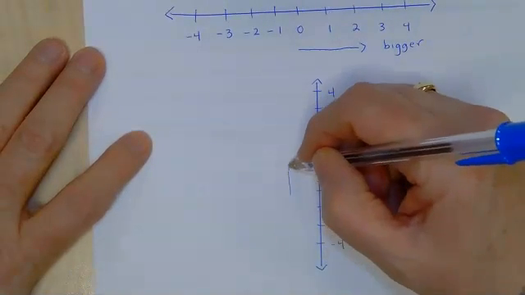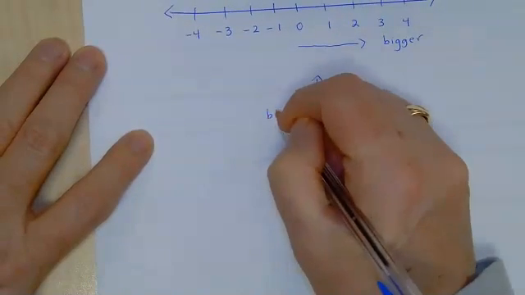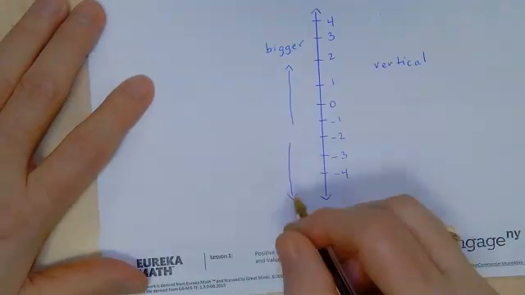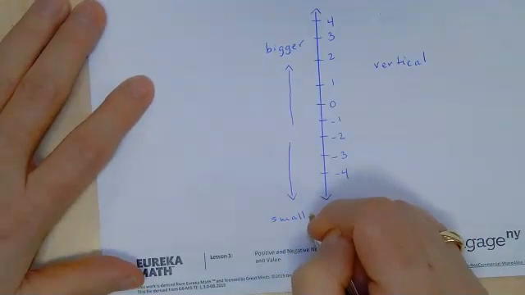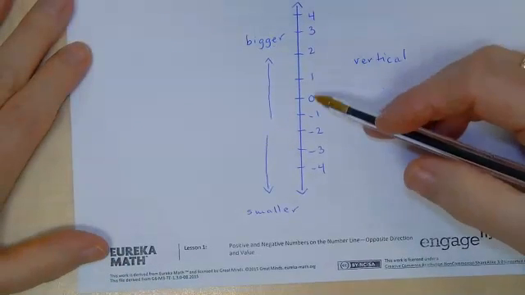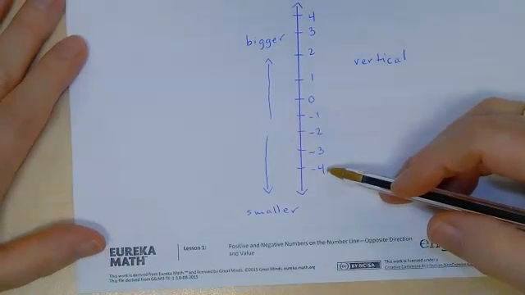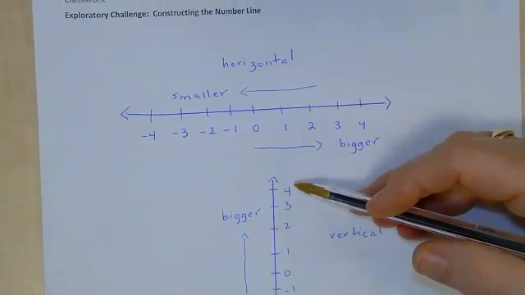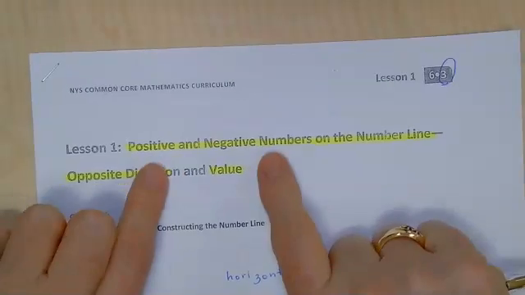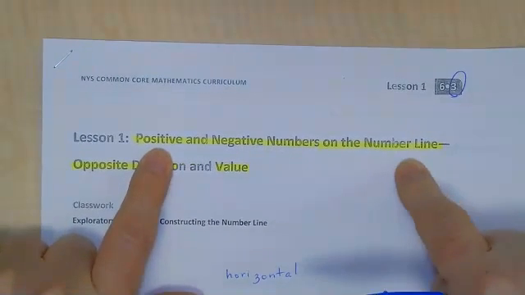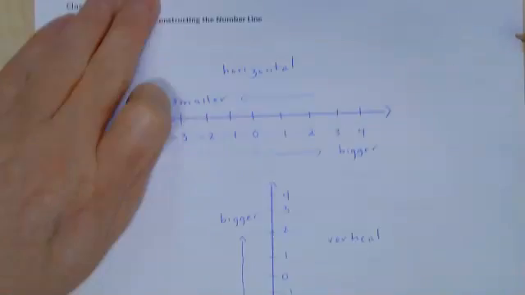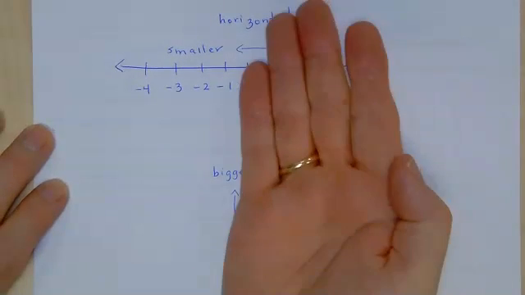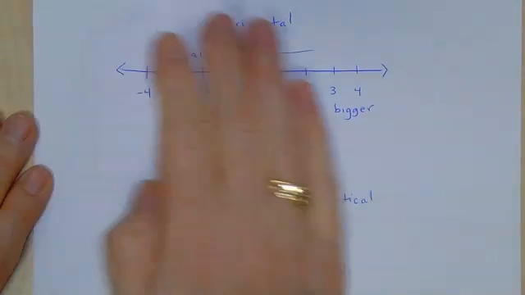As you go up, the numbers get bigger, or the values get bigger. And as you go down, the values get smaller. So the smallest number on this number line is -4. And the biggest number on the number line is +4. So that's how positive and negative numbers work. The opposite direction means you can have positive on one side and negative on the other, and they match up.